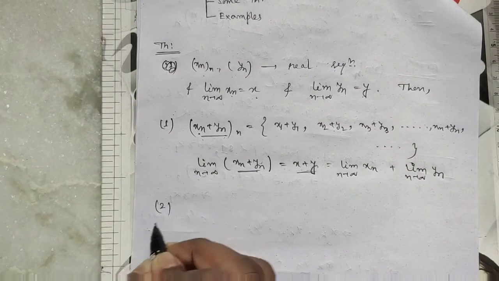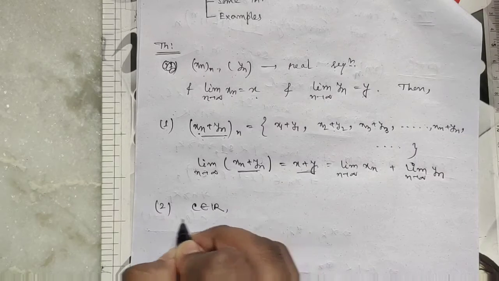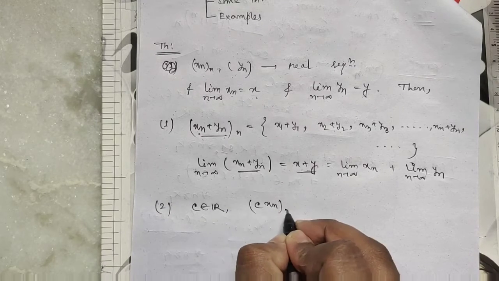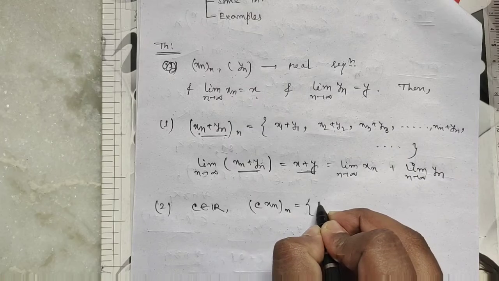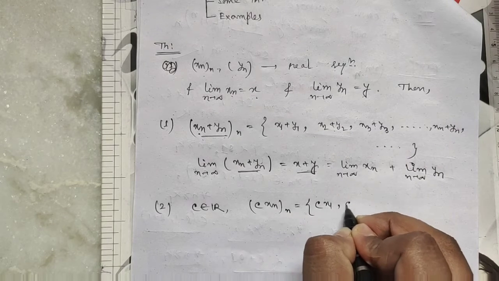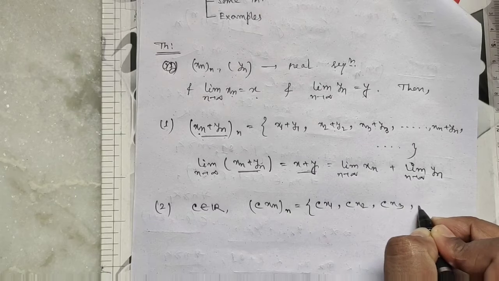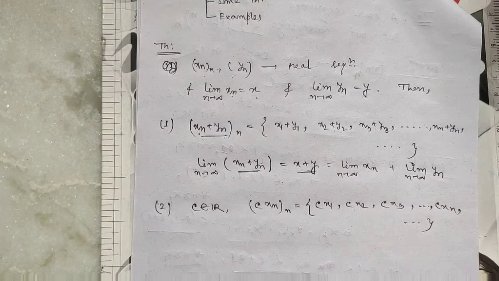Similarly, if c is any real number, then the sequence cxn, which is cx1, cx2, cx3, cxn and so on, converges to cx, if xn converges to x and c is a fixed real number.